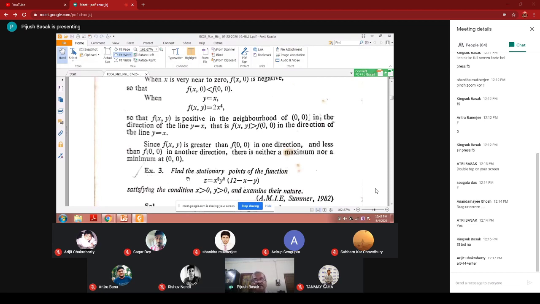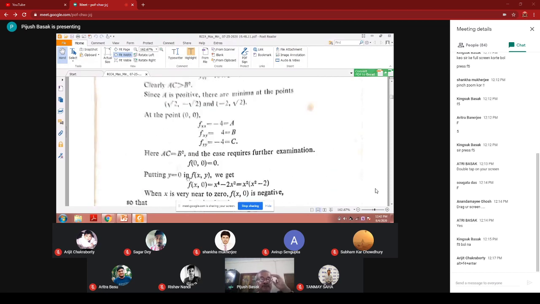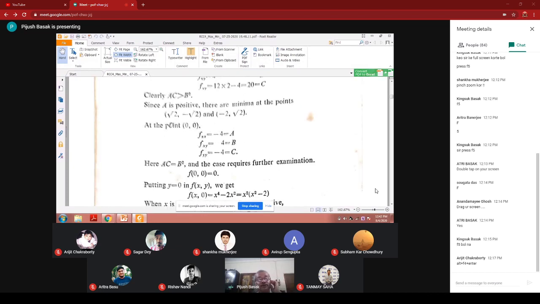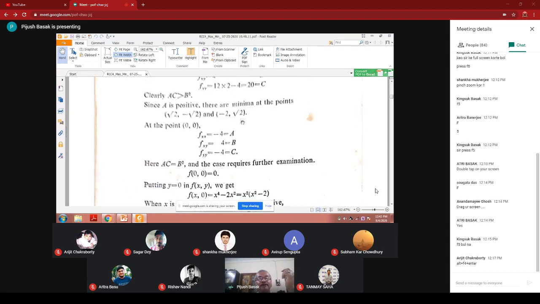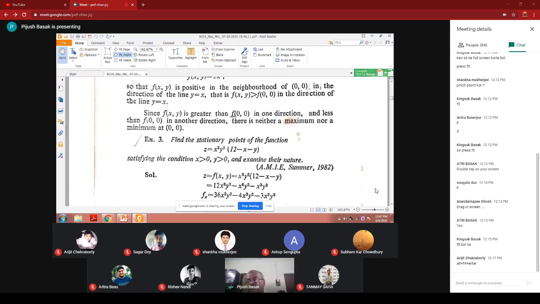So these two points, root 2 minus root 2 and minus root 2 root 2, both are minimum points. But the third point, 0, 0 will not give you maximum or minimum.